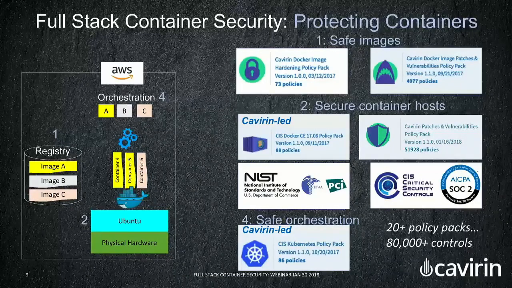And then a whole bunch of other benchmarks that are more based on industry standards like NIST, HIPAA, PCI, and so on that you see on the slide again is something that you can turn on against your container host itself. The general idea here is that there is about 20 plus policy packs in the Cavirin product with about 80,000 controls. So again, pretty comprehensive in terms of what you can do from securing your infrastructure from a proactive standpoint.